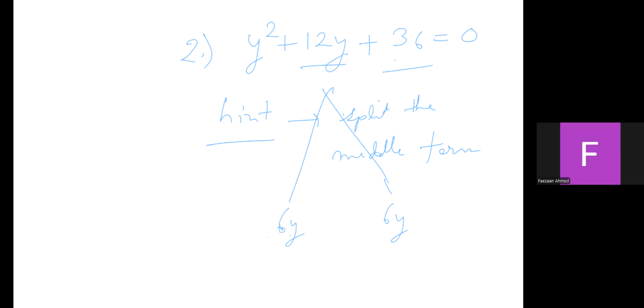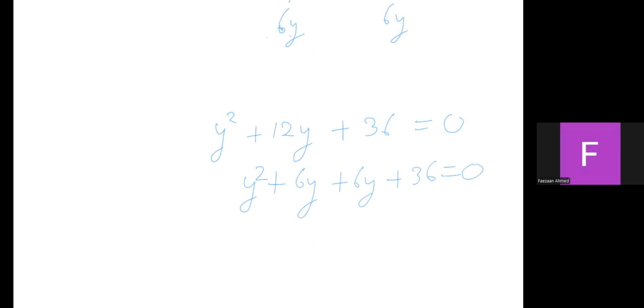So what happens if I write it as y square plus 12y plus 36 is equal to 0. So it will probably be written as y square plus 6y plus 6y plus 36 is equal to 0.